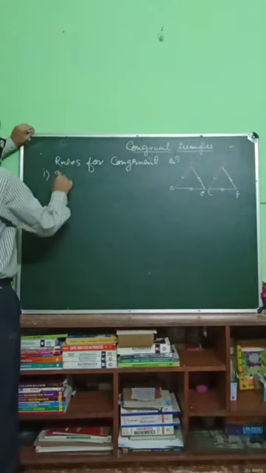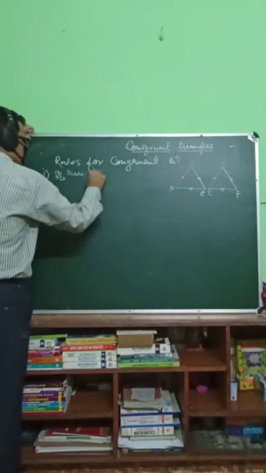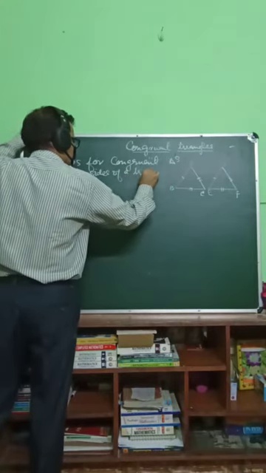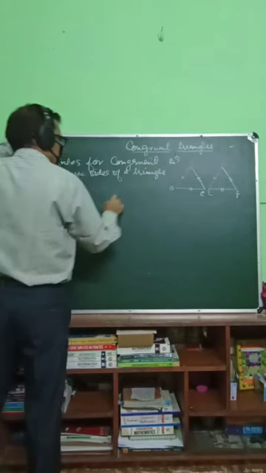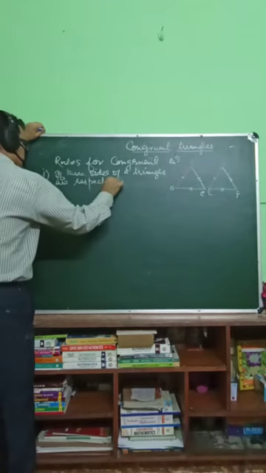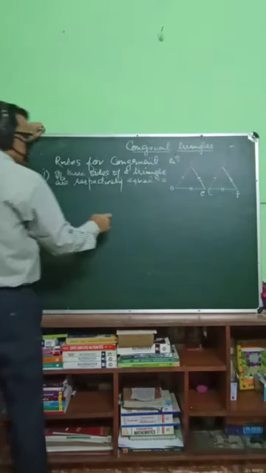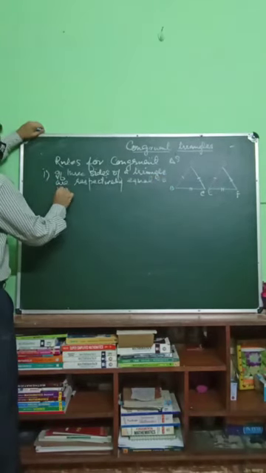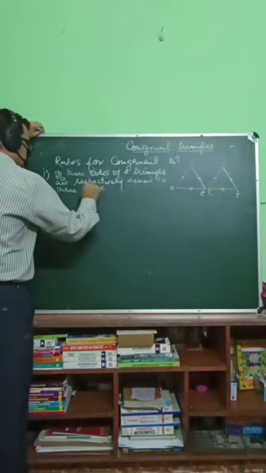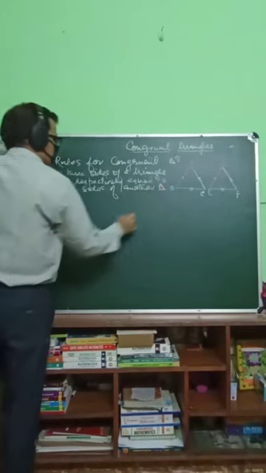First rule: if three sides of a triangle are respectively equal to three sides of another triangle, then triangles are congruent.